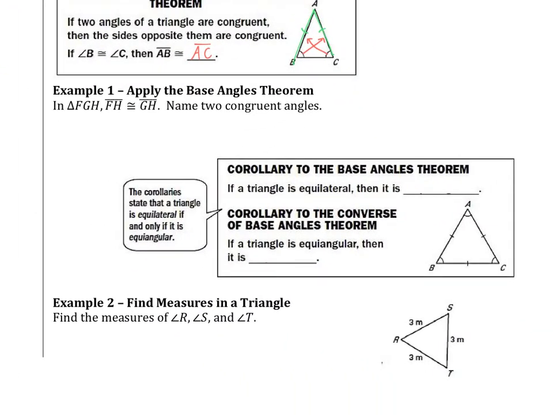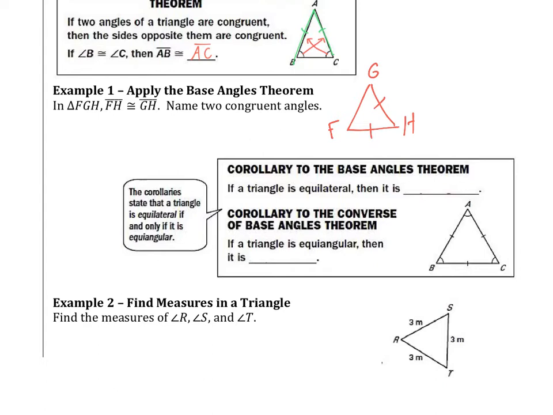Okay, and example 1, it says to apply the base angles theorem if triangle FGH, so we have triangle FGH, and they tell us that FH is congruent to GH. So this is what our picture looks like.